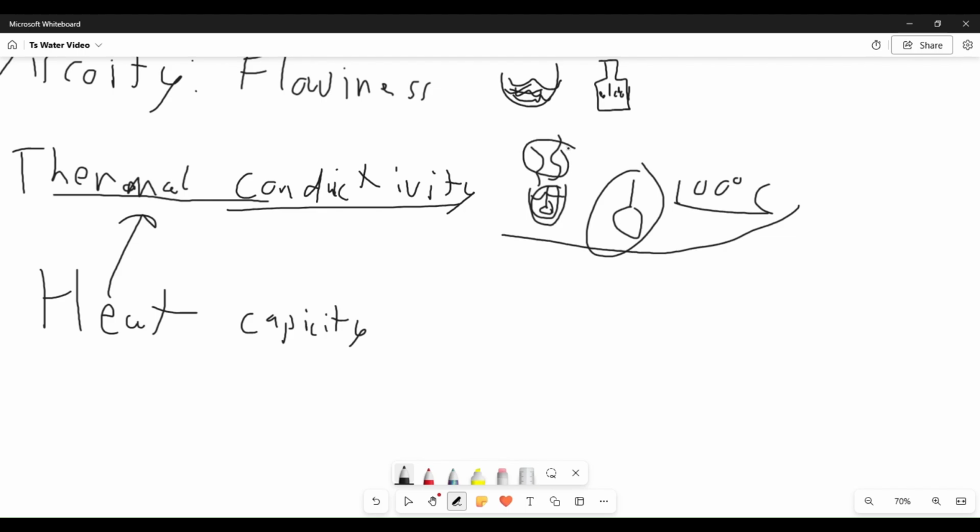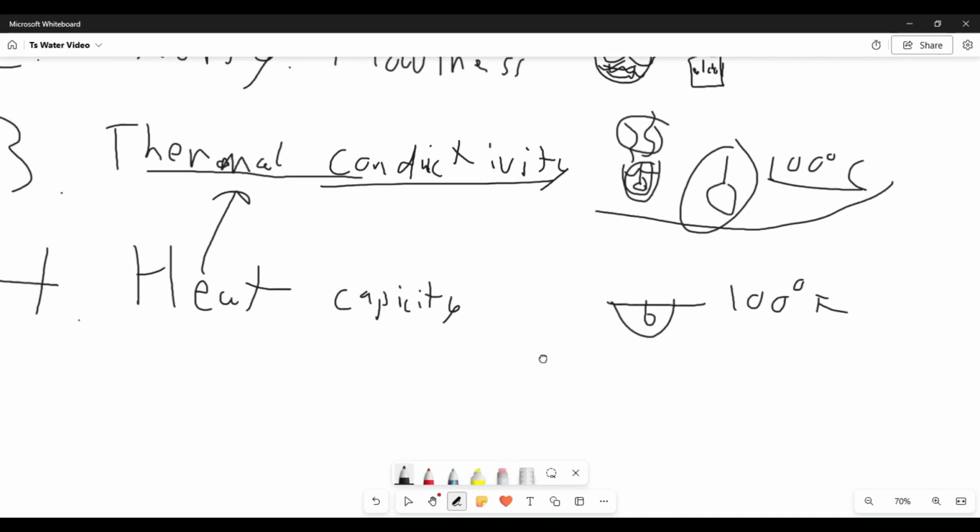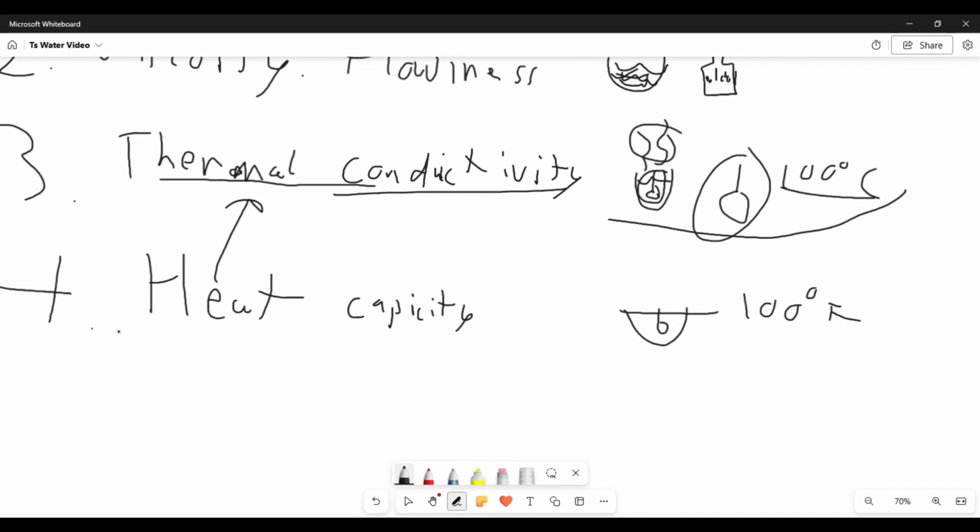All of it won't evaporate, but definitely some of it will. Let's say it was 100 degrees Celsius though, or Fahrenheit. Now that might not be hot enough to make the water start steaming like up here, but it would still definitely cool down. But the fact that it's not steaming and it's staying together, that's the heat capacity of water, and that's what that's all about.